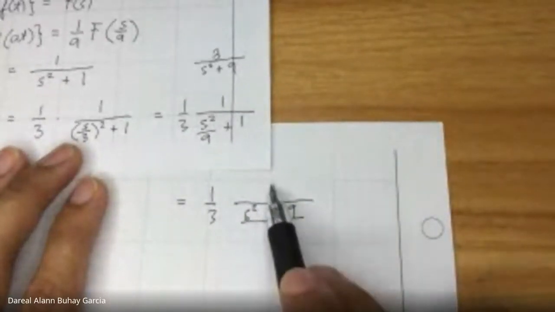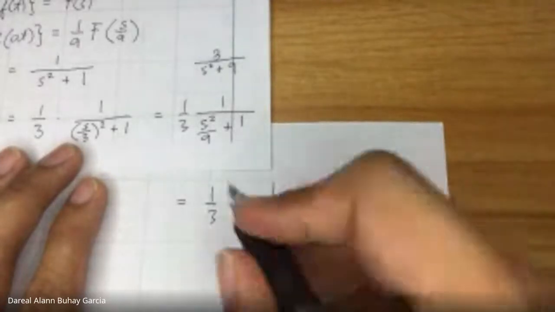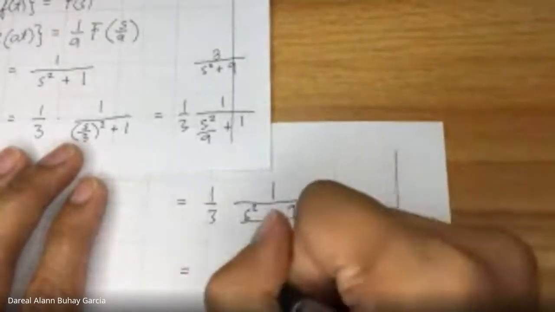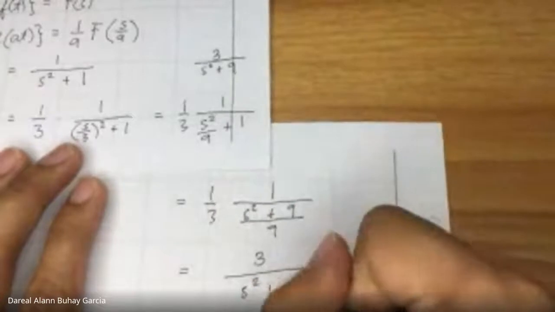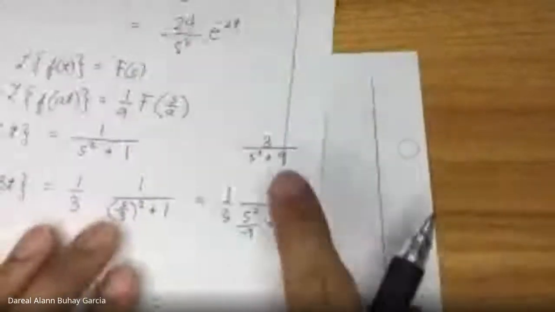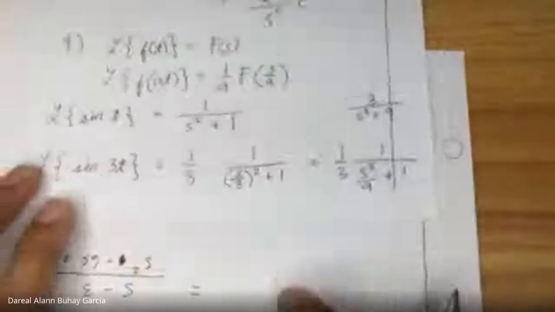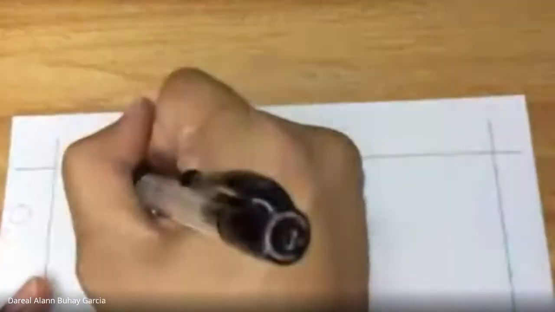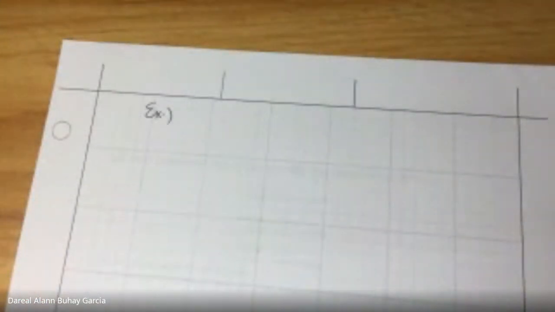So, si 9, isaka na ito dire, 9 divided by 3 is 3 over s squared plus 9. So, we'd end up with the same final answer if nagamit ta originally yung table. No? So, ako lang ninggi sulat para mas less itong point. Now, what if nga niyo? So, another example. Sa kaninga property. So, rapid na to example ani.